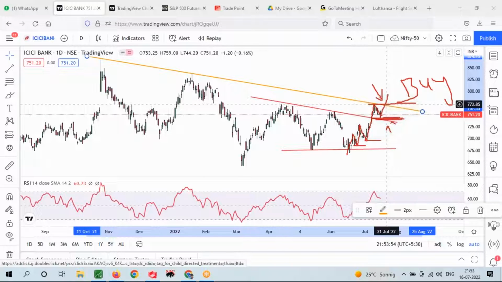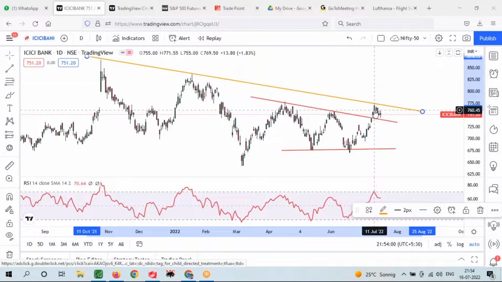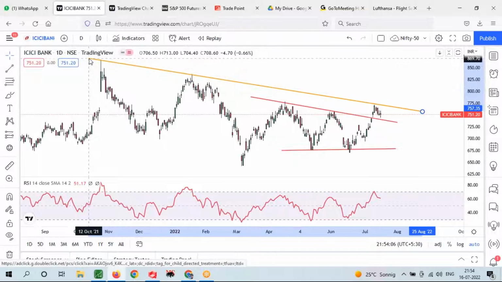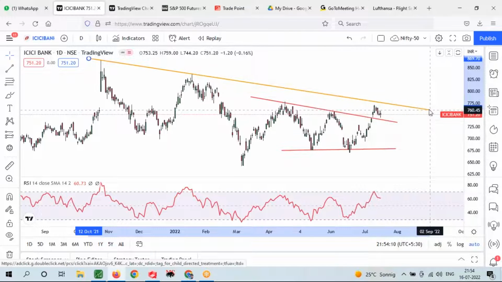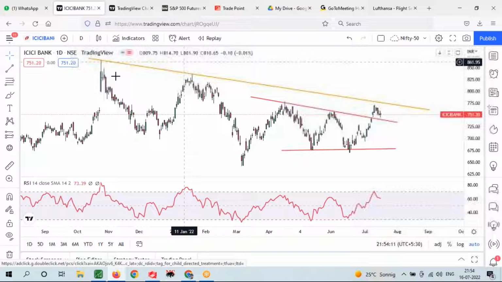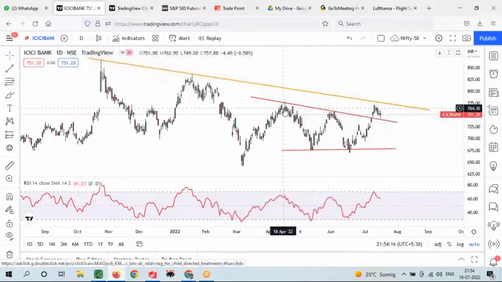What is the level here? 777. So what is the high here? 772. So the moment 772 is crossed, I would say, wait a minute, let me draw it correctly so that we don't get trapped. What I would do is I'll take this high, 778.